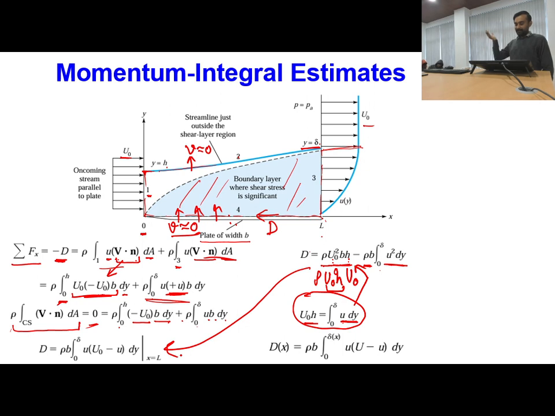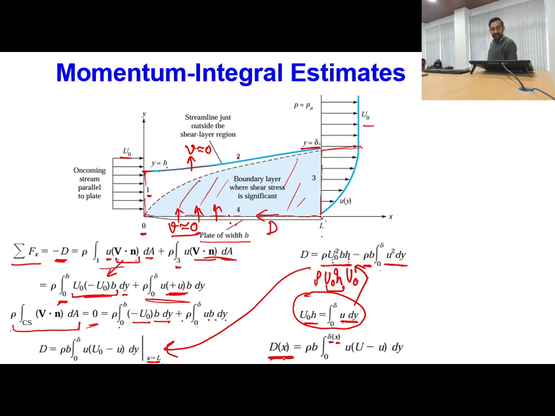Okay. And one simple generalization. Till now this control volume is still at x equal to L. If I have to generalize this, then I can write delta at any arbitrary value of x, and then I will be writing this equation simply as integral of u into u naught minus u dy. Okay. So, this particular equation, if the boundary layer is present, can give you the value of the drag force present in the flow.